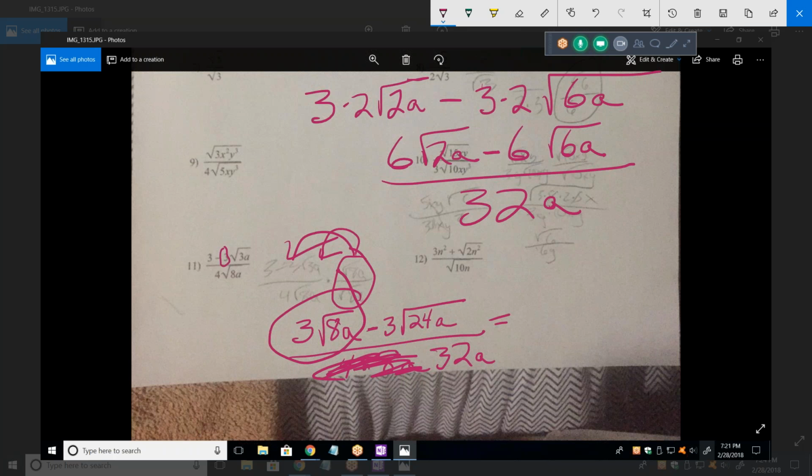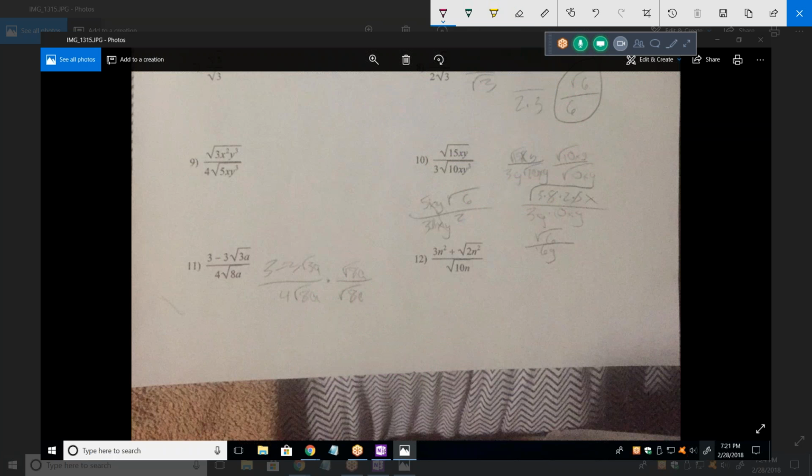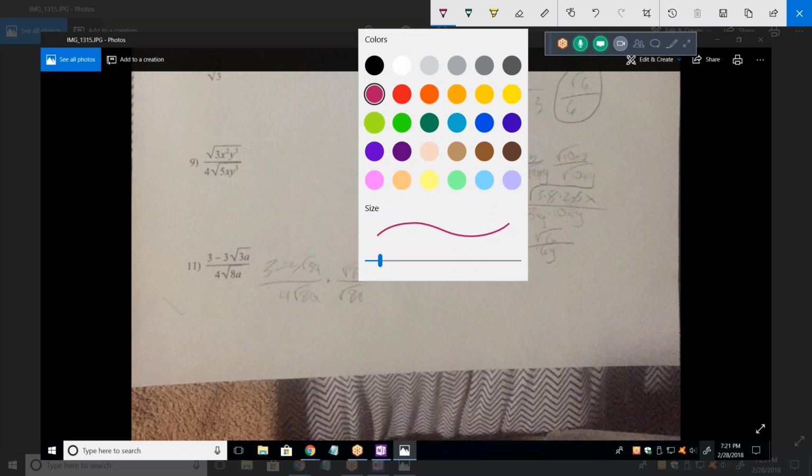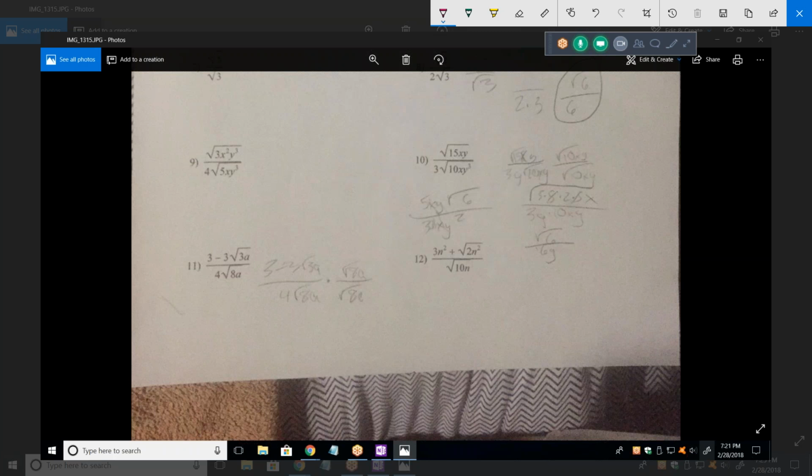And I think we could actually simplify that. Do you happen to remember what I had? I think it was 6 square root of 2a minus 6 square root of 6a over something. This was 6a I believe, over 32a.